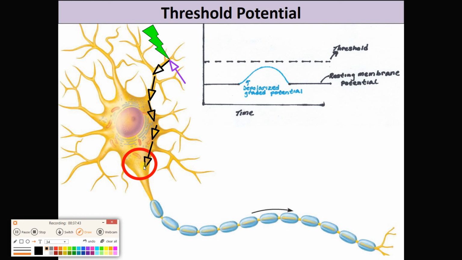Question is, how much depolarization is going to happen at that axon hillock? That axon hillock has a magic number. There is a magic membrane potential. So, when neurotransmitters bind right here, and we really could have started anywhere, this is just our example, they depolarized this spot.